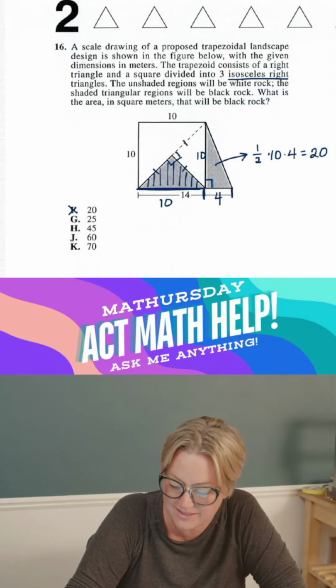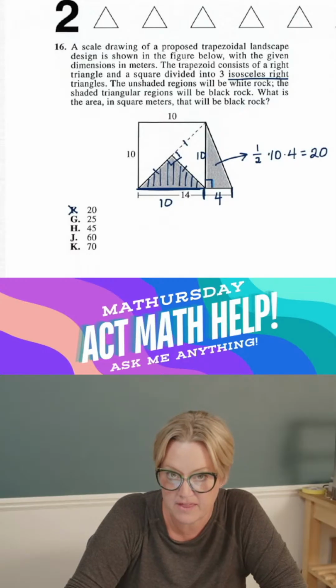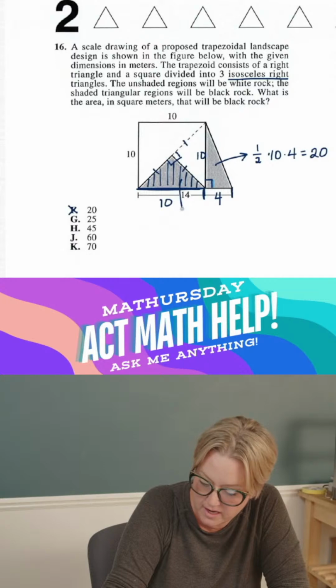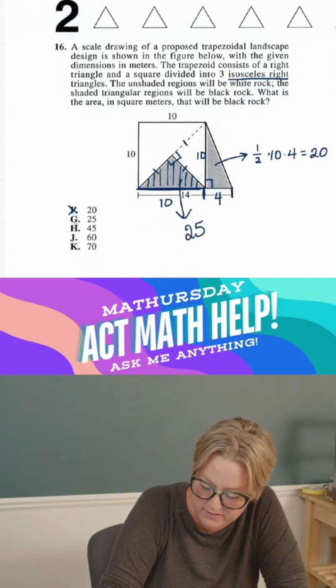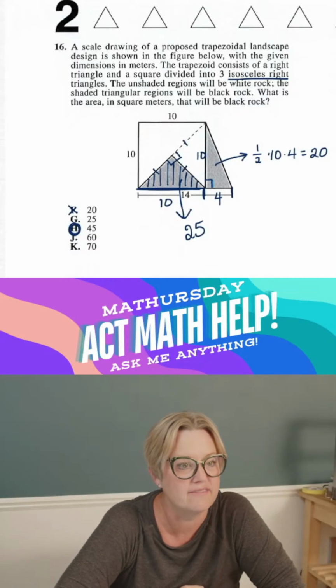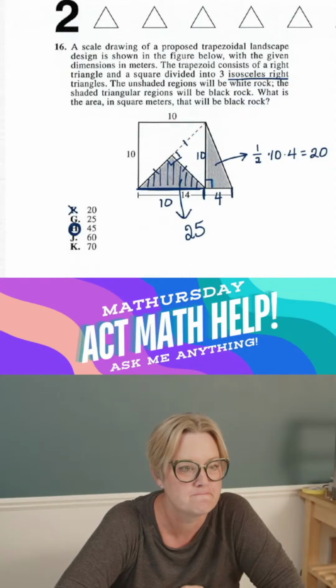So this whole square is going to be 100. Half of that is 50, and then half again is 25. So this one here is going to be 25. So I've got 20 plus 25. So my answer is H. Okay, so that's 45 is my answer.